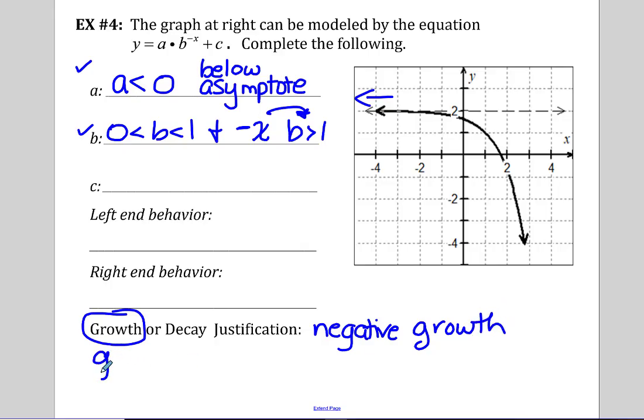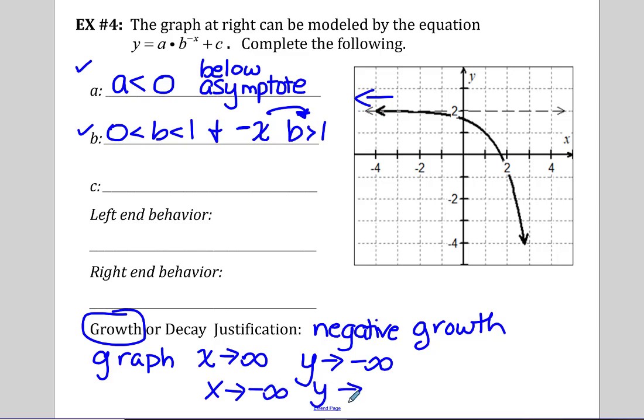And the graph moves away from the horizontal asymptote. As x goes right, y goes down. But as x goes left, y goes toward the asymptote of 2.